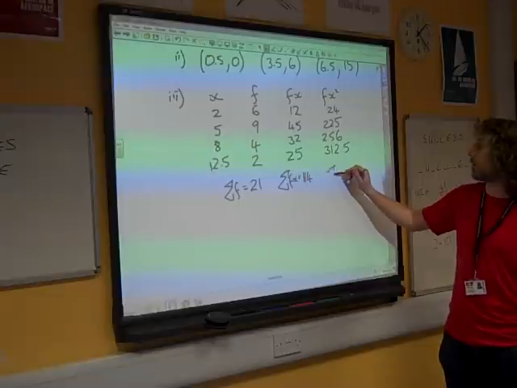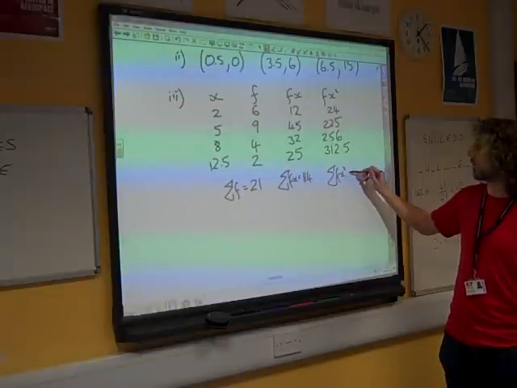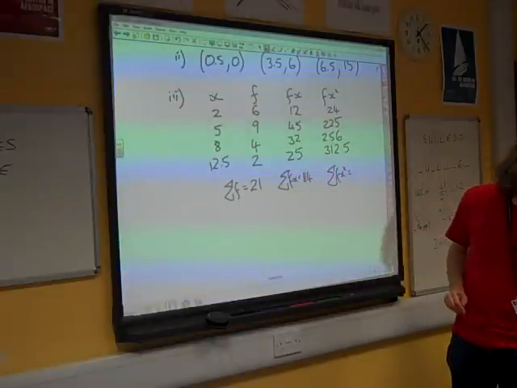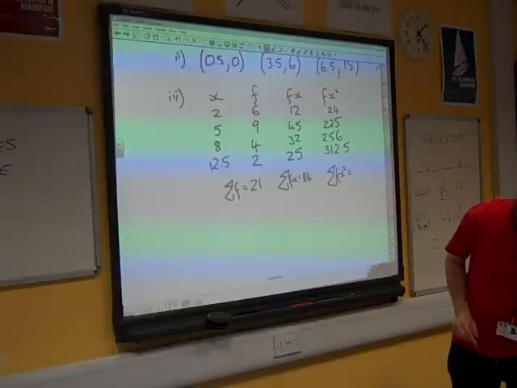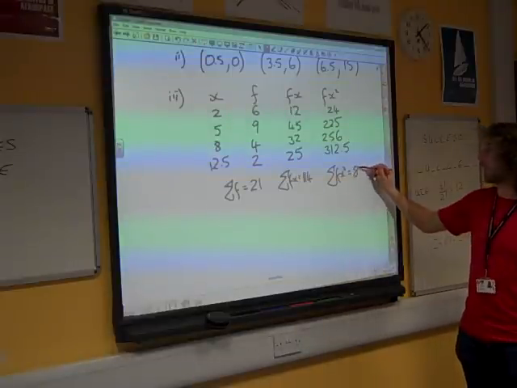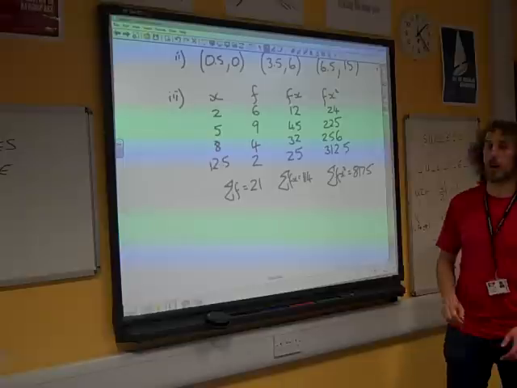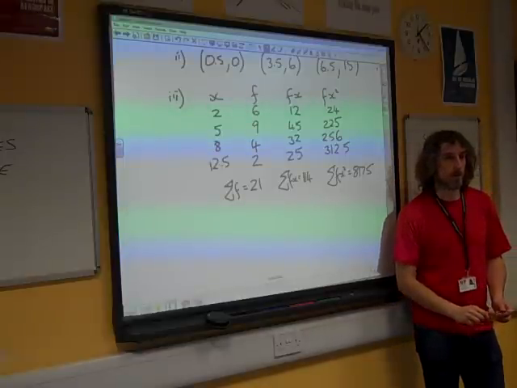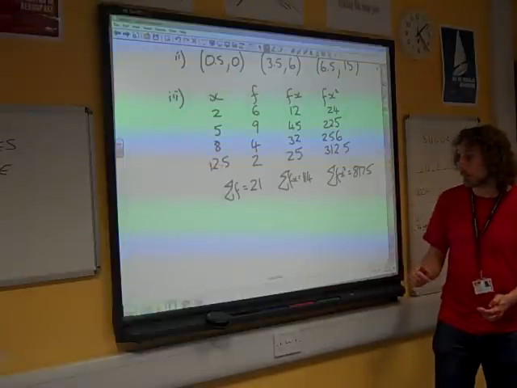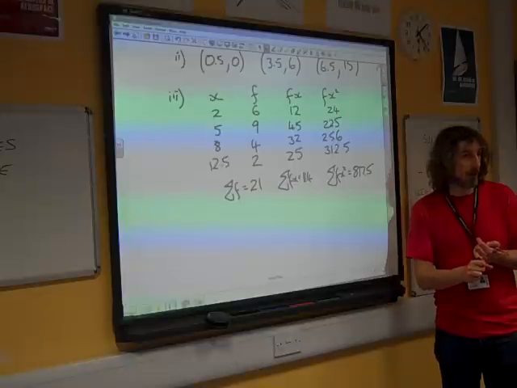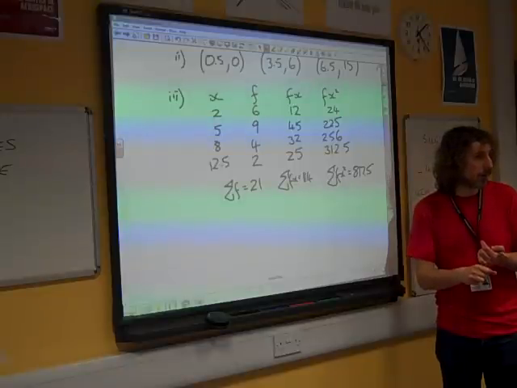And if we add up this column, we come to 817.5. I think I've got these right. There we go. Okay. Now, do we remember what we need to do with these figures?